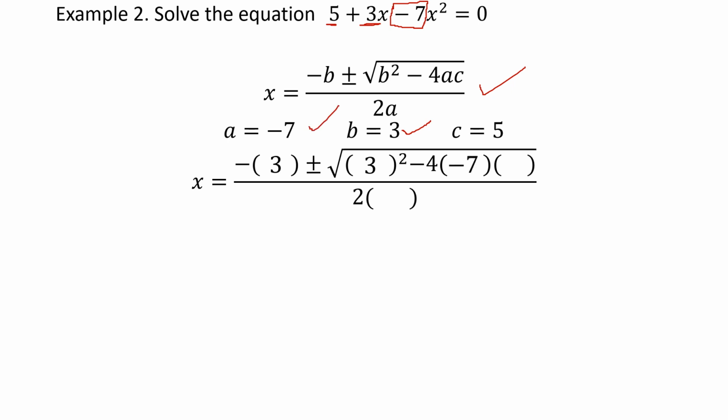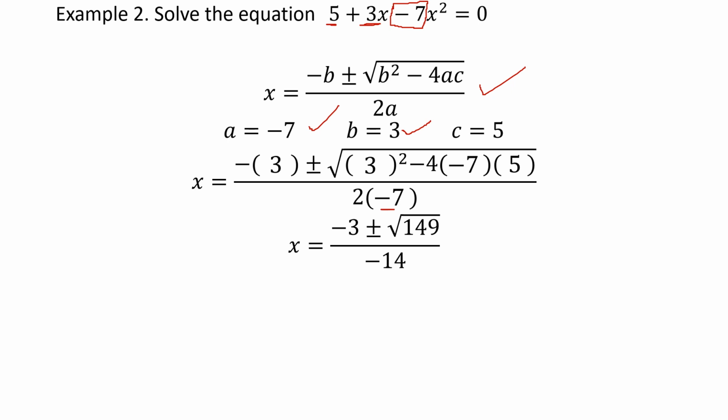We also have a in the denominator, so we write minus 7 here as well. Then for c, we put 5. If we simplify what's under the square root, we find minus 3 plus or minus the square root of 149 all over minus 14.